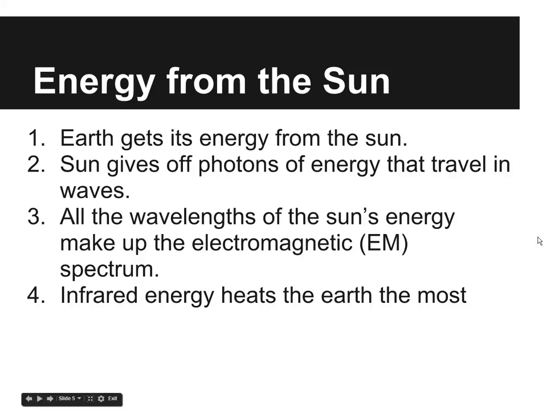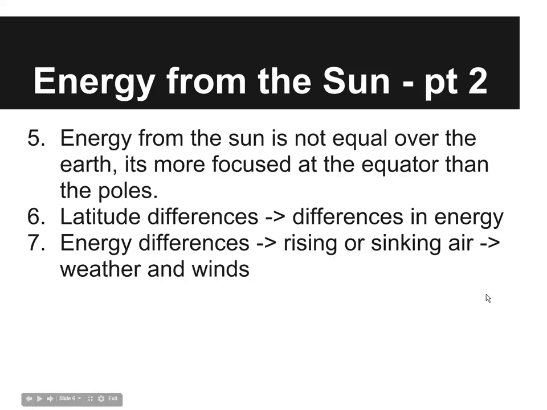There are whole lessons on the EM spectrum, but for this lesson that's not that important. You should know about infrared energy though. Infrared energy heats up the Earth the most. It is where most of our heat comes from to keep our planet warm. I've got a slide later, and we'll talk more about that.